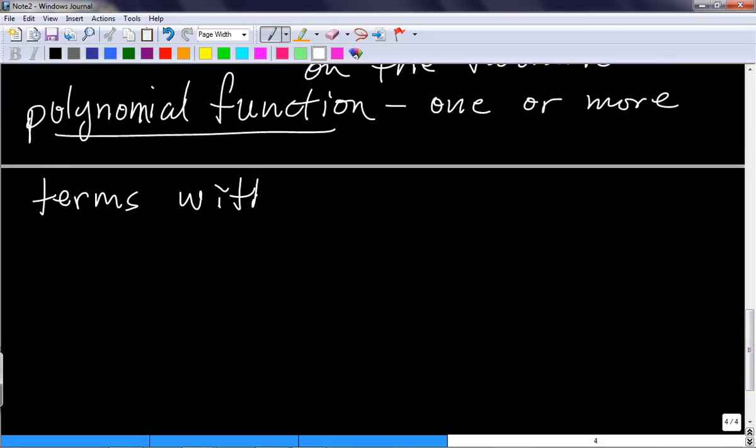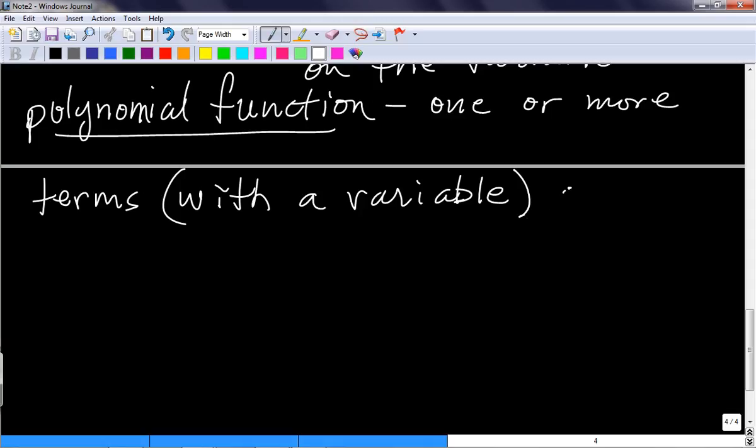one or more terms with a variable, and I'm going to put with a variable in brackets. I'll explain that a little bit later.